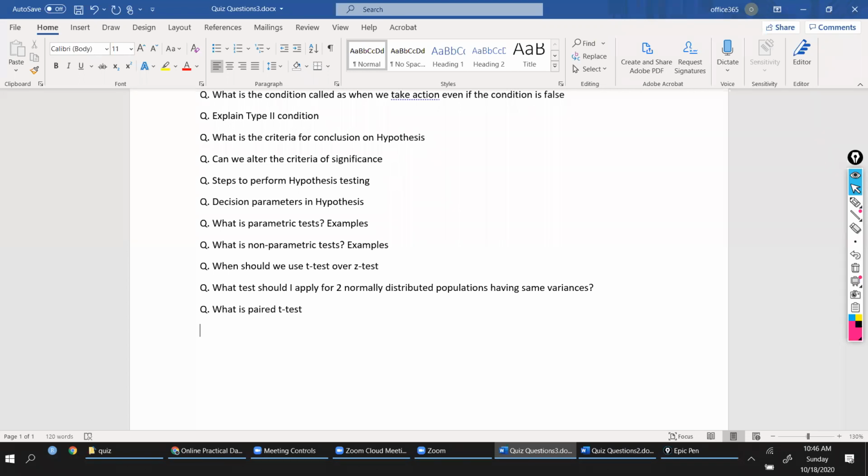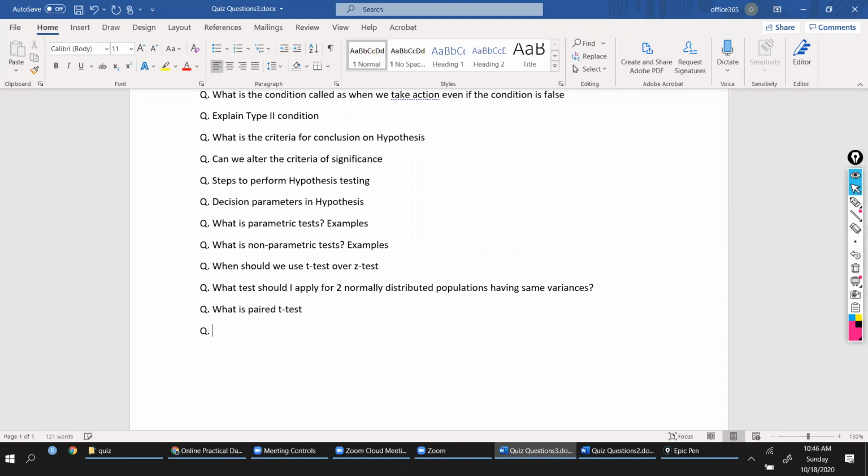And I should say, when the external conditions for both of these populations are similar, we apply this paired t-test. Very good, Lokesh.